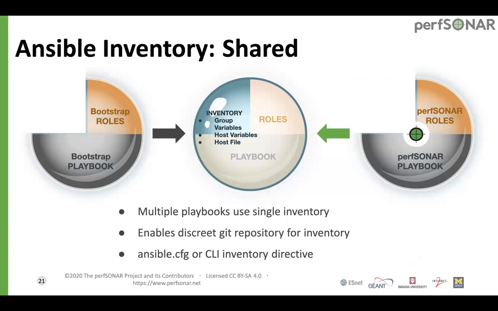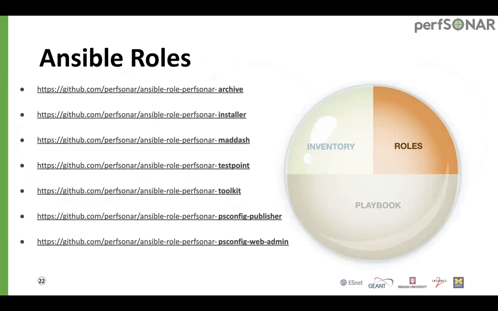So you might be able to install security patches, manage accounts, manage connection variables, things like that. Then you can reuse that same inventory and have perfSONAR run against it so it knows what components go where, and you can store that entire inventory in source control for disaster recovery.